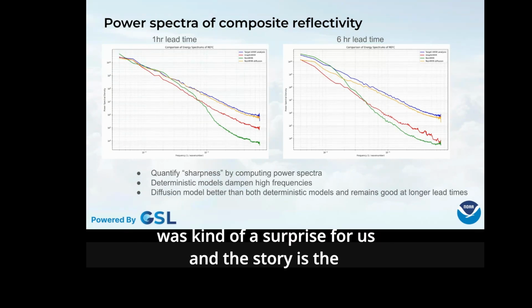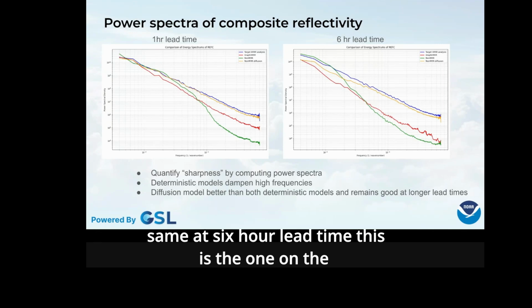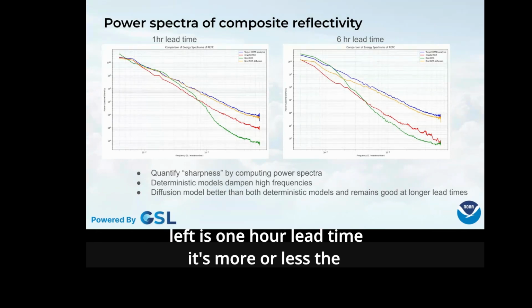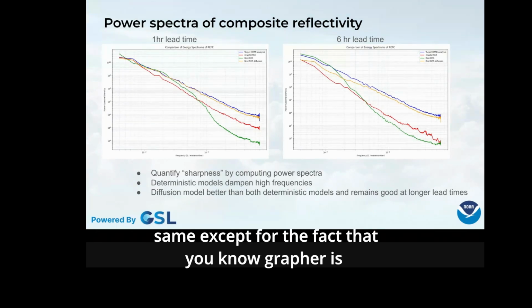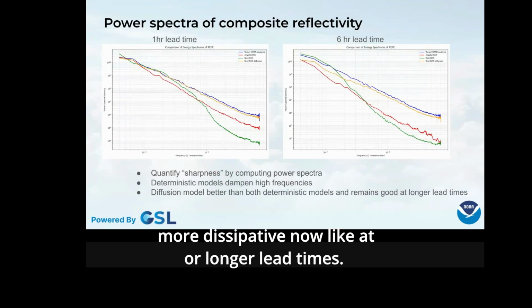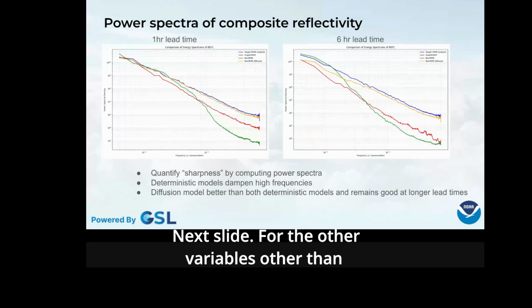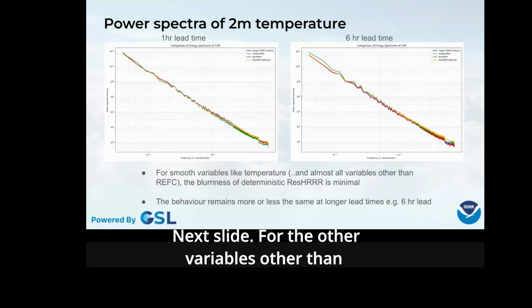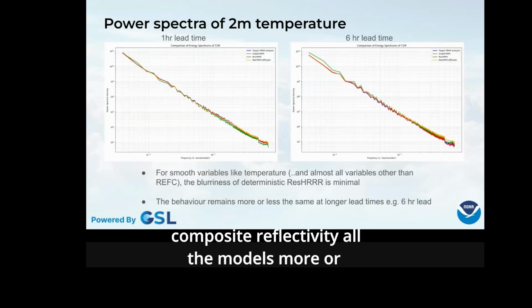So that was kind of a surprise for us. And the story is the same at 6-hour lead time. Just the one on the left is 1 hour lead time. It's more or less the same, except for the fact that Grapher is more dissipative now, at longer lead times.